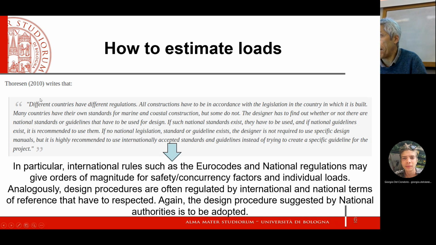Okay, I was saying, let's write now Thoresen, this quote from Thoresen, after having seen his book. In this book, which I just browsed very quickly, you can find this statement. Different countries have different regulations. All constructions have to be in accordance with the legislation in the country in which it is built. Many countries have their own standards for marine and coastal construction, but some do not.